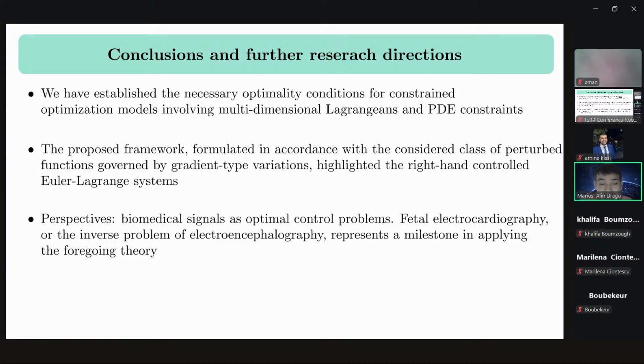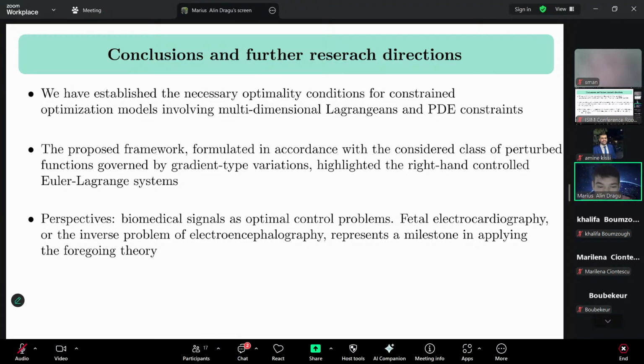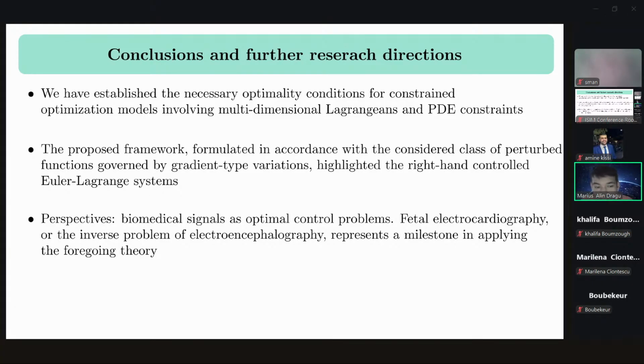As a perspective, for example, biomedical signals can be modeled as optimal control problems. Fetal electrocardiography or the inverse problem of electroencephalography represents a milestone in applying the foregoing theory, considering Maxwell equations and considering control function and state function.